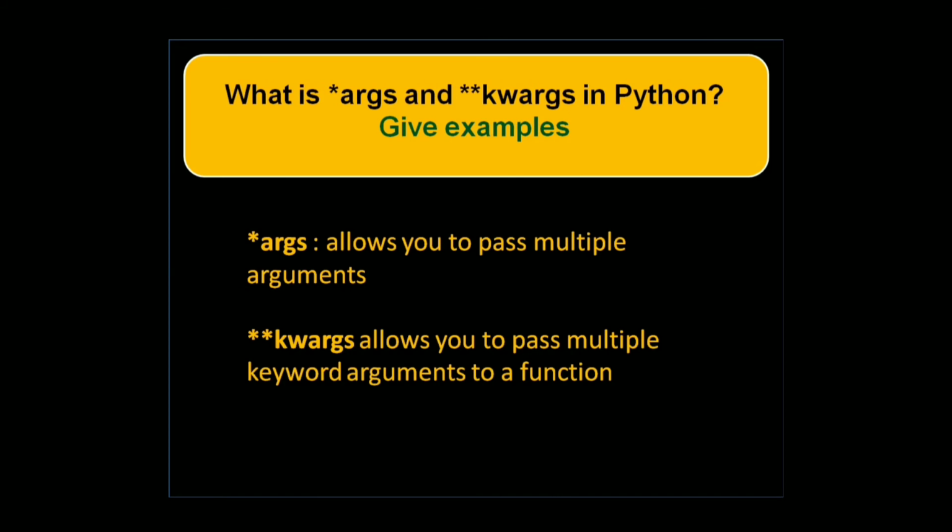Now, a quick run through. *args, you can use it to pass multiple arguments without having to predefine how many variables or values you want to pass. You can pass n number of them. And **kwargs is the same thing. The only difference is you have to have keywords to it, such as name is equal to Ananya. I'll just show you an example.